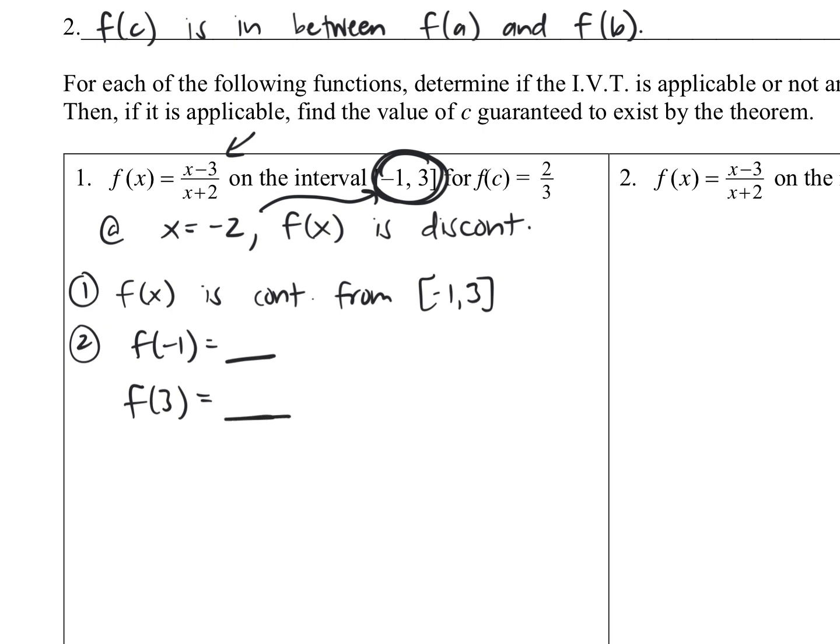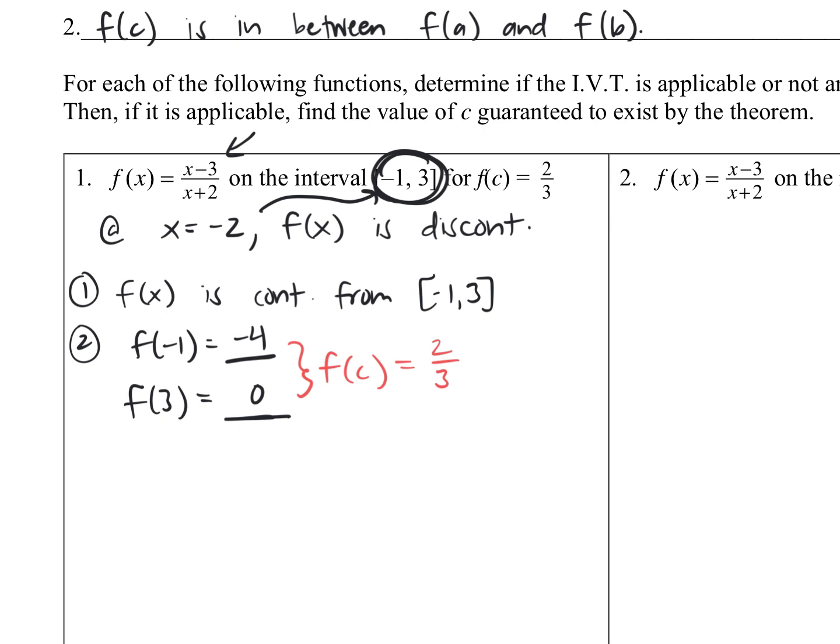All right, did we all get -4 and 0 when we plug that in? Yes? Okay, we have to check and see: is f of c, which they told us is 2/3, in between -4 and 0? No, it is not. 2/3 is not in between 0 and -4.